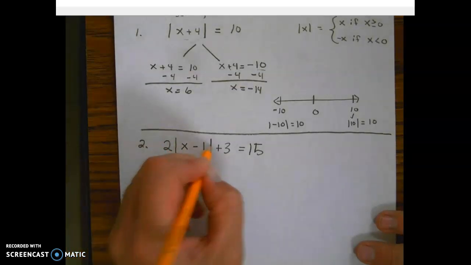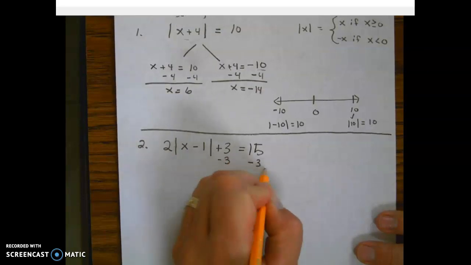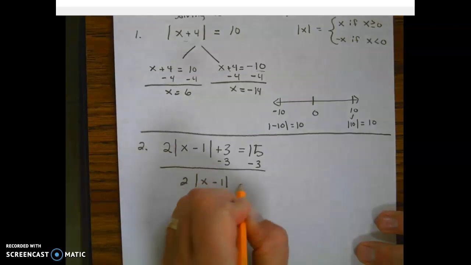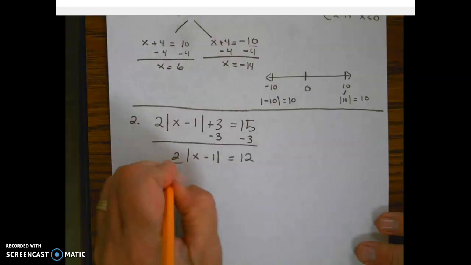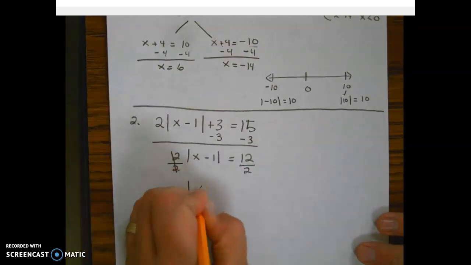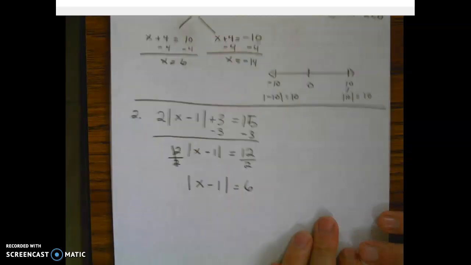Remember, this is your grouping symbol. We undo adding and subtracting first. Okay. Then we undo multiplying and dividing. And now we're ready.